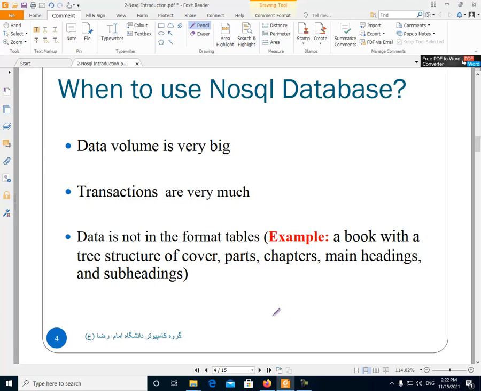And the third point is when the data is not in the format of tables. Sometimes we have data that is not in the format of tables. So in this situation, we may use the NoSQL databases. These are very important reasons that we go to the NoSQL database.